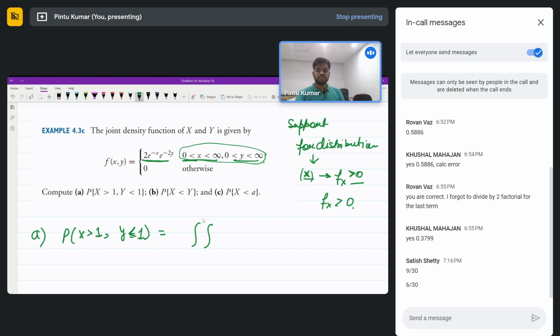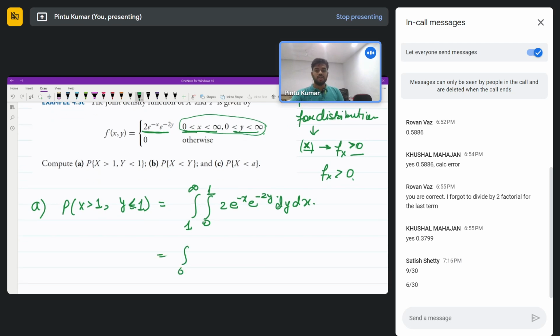Your y value is from 0 to 1. I'm just ignoring the case when y is from minus infinity to 0, because that would be just 0 and writing that is unnecessary. And x is from 1 to infinity. And then you integrate e to the power minus x, e to the power minus 2y, dy dx.